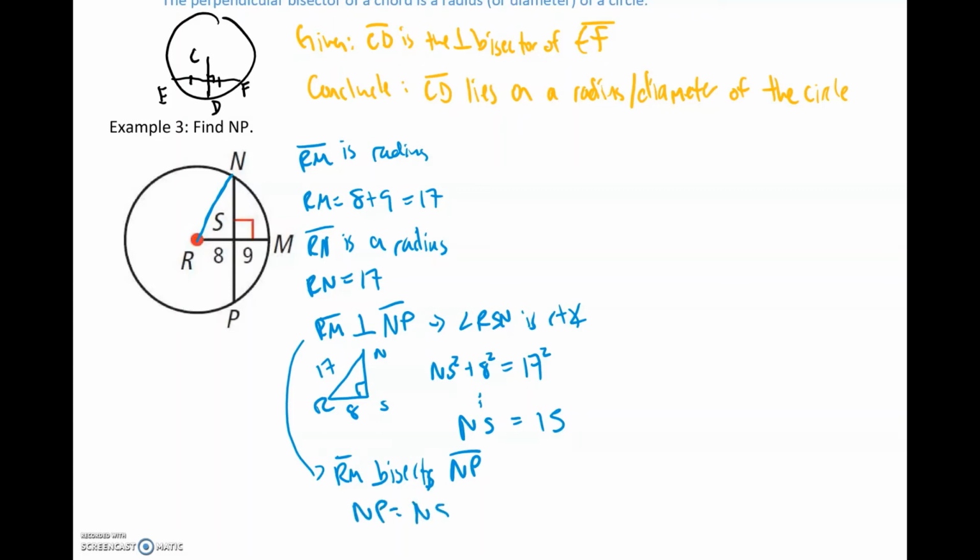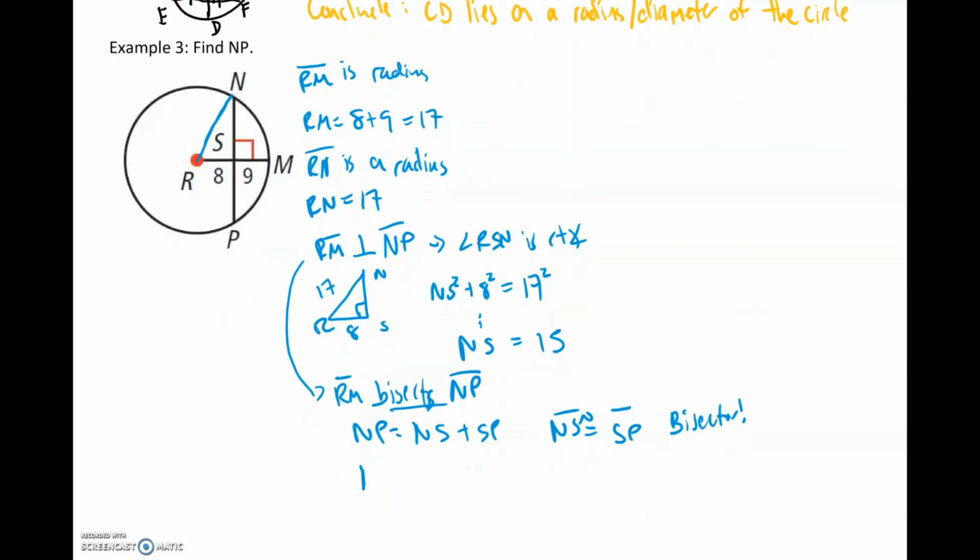So NP is going to be equal to NS plus SP. And we know that NS is congruent to SP by the definition of a bisector. Right? So this is pretty much it. All we're going to do is do 15 plus 15 because SP is 15 and NS is 15, NP is 30.